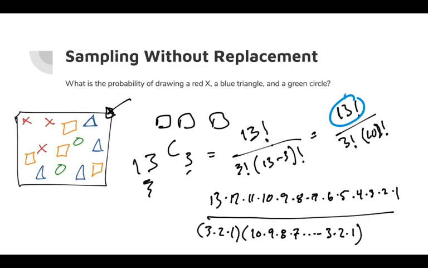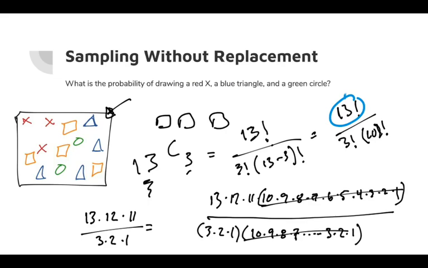Okay, now the really cool thing about problems like this is I can look at it and say, hey, look, here's 10 factorial, here's 10 factorial. All of that divides out. Okay, so really what I have is 13 times 12 times 11 divided by 3 times 2 times 1. And that I can do in my calculator pretty easily.